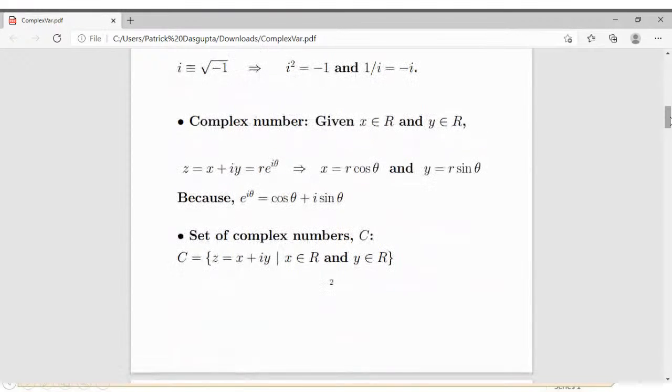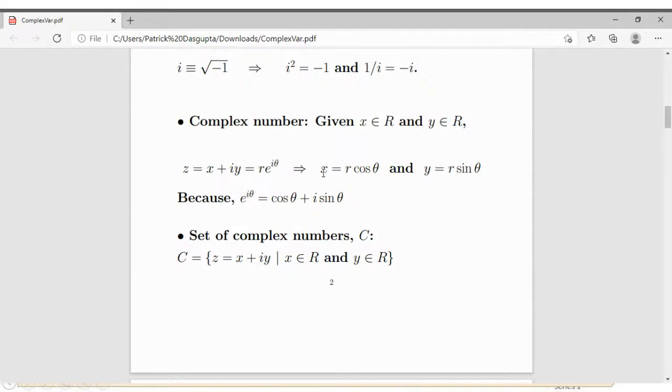But because of this formula, you can write any complex number z as x plus iy equal to some real number r into e raised to power i theta. And because e raised to power i theta is cos theta plus i sin theta, we have x plus iy is equal to r cos theta plus iota r sin theta.